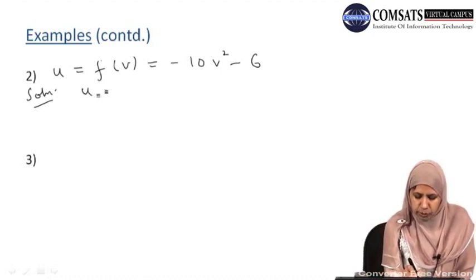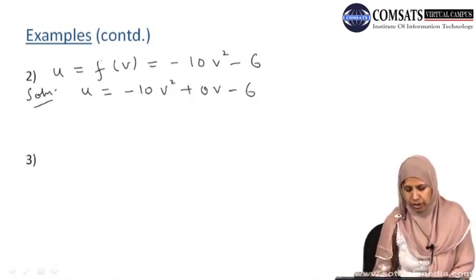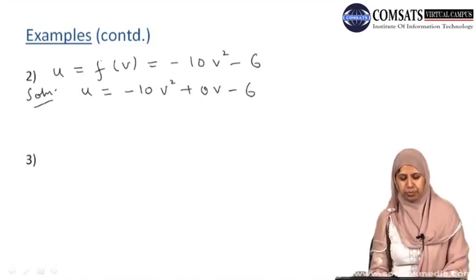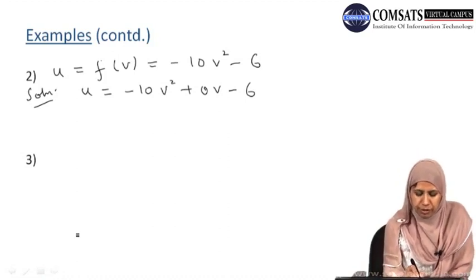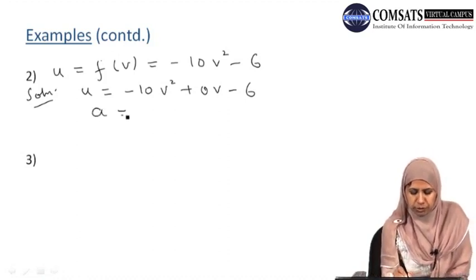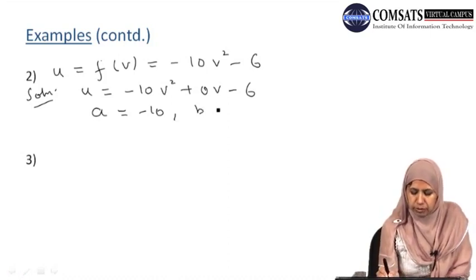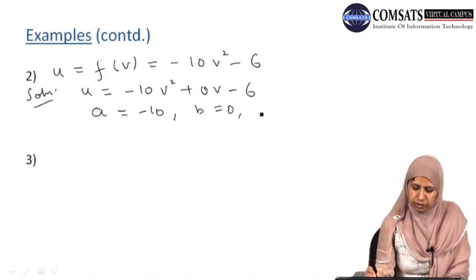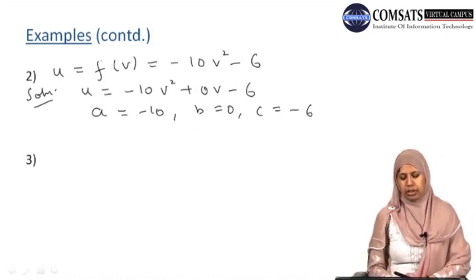We can write u as minus 10 v square plus 0v minus 6, and if we compare it with the general form, we have a is equal to minus 10, b is equal to 0, c is equal to minus 6.